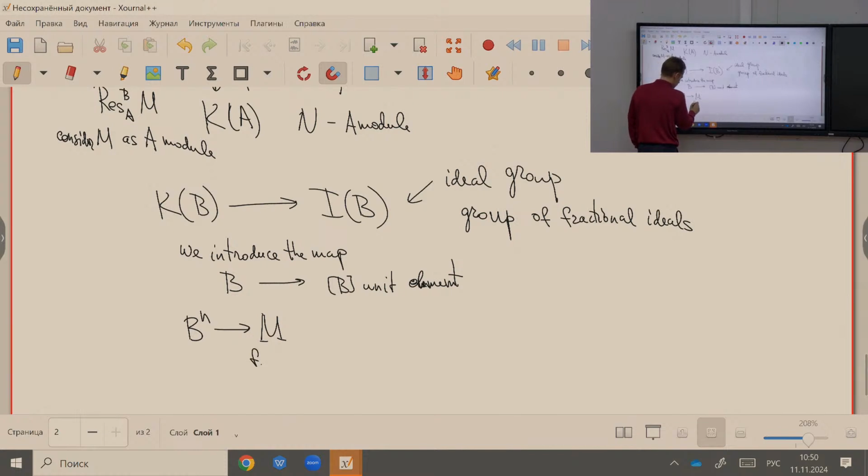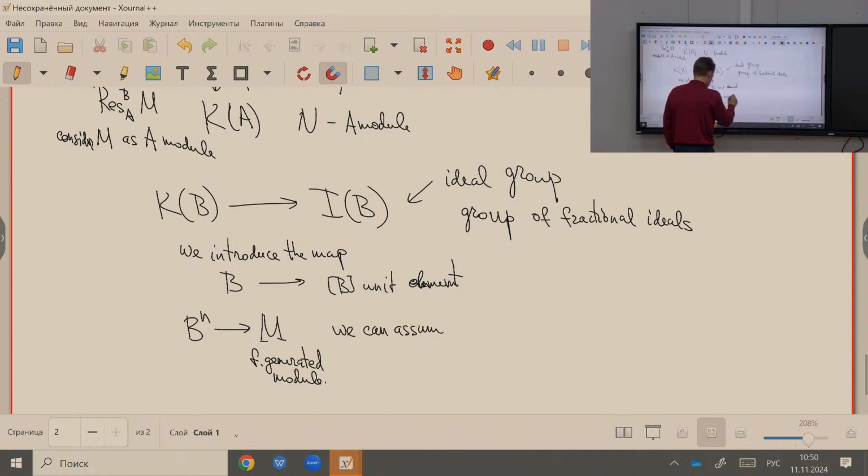So this is a finitely generated module. And you do the following. Let us assume that it is a torsion module, so we can assume that M is torsion.